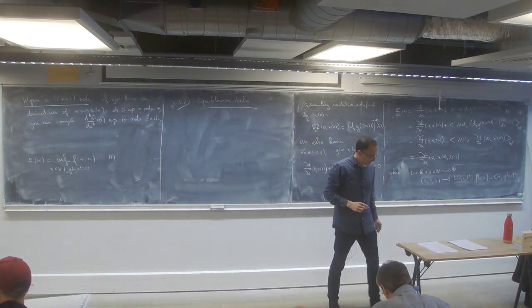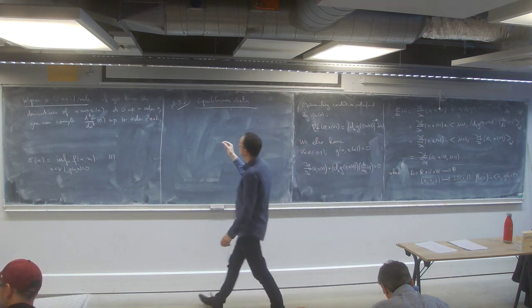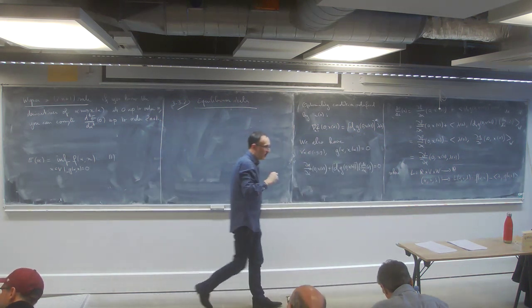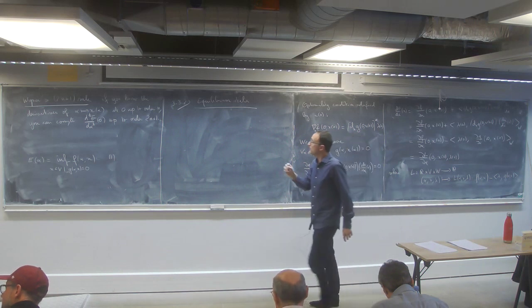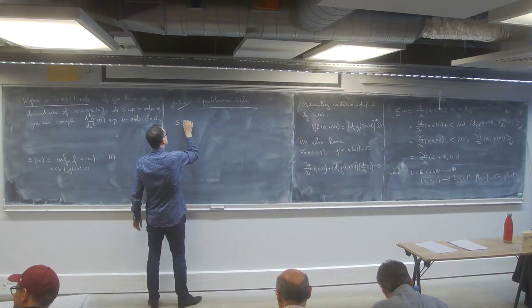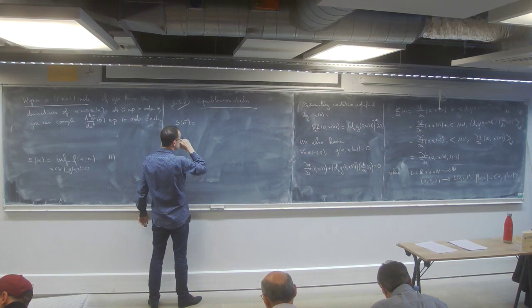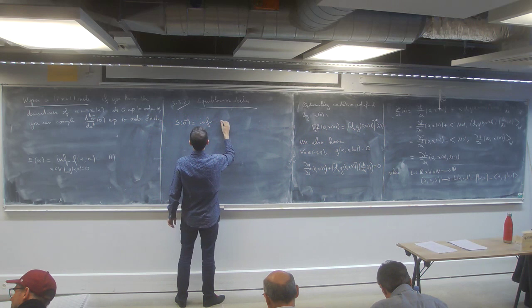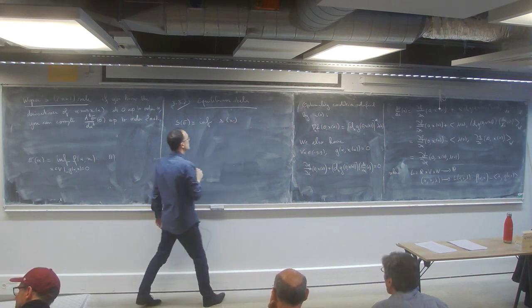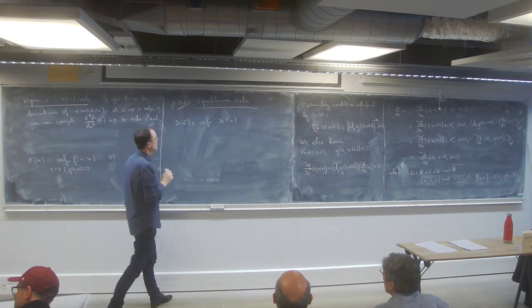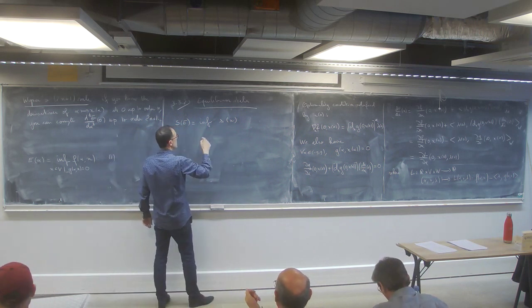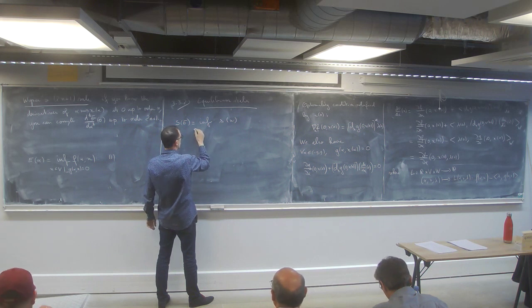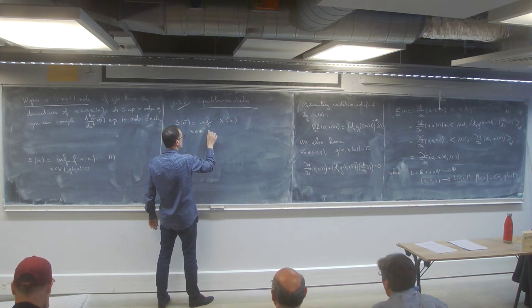Equilibrium states. So let's start by considering a problem which looks familiar to those of you who study a bit of statistical physics. I want to find the minimizer of some function S, depending on X, under some constraints. X is a vector of R^n.